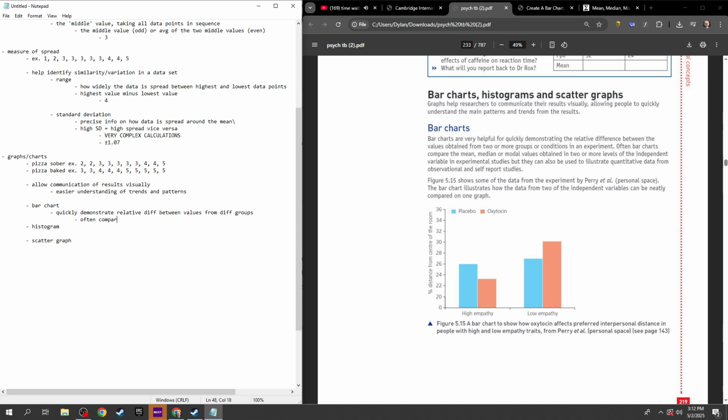Often comparing mean, mode, median. Those are supposed to be commas. I don't know what I'm doing.